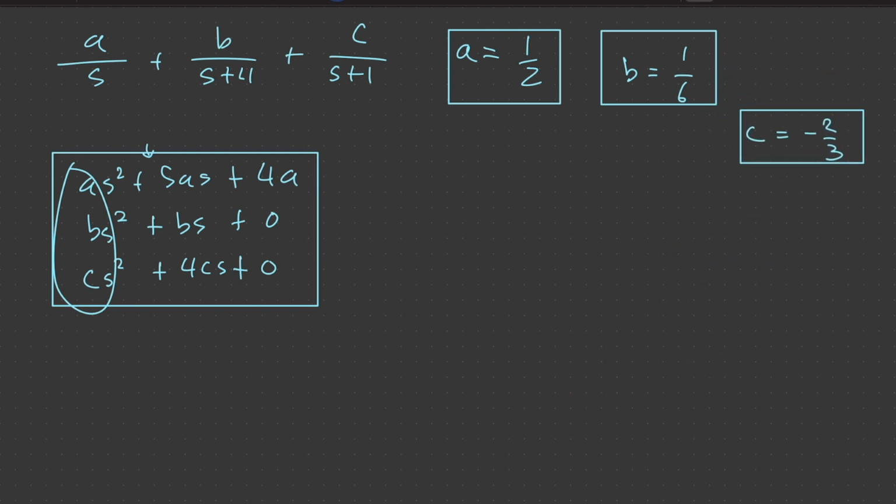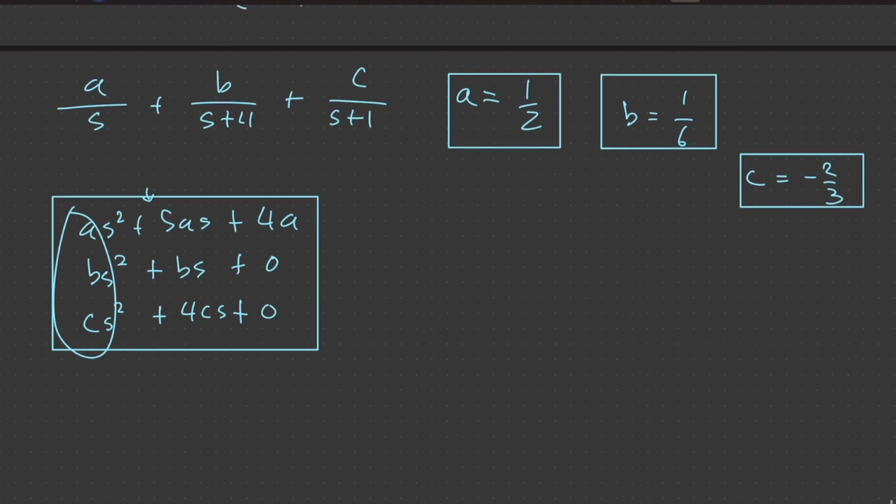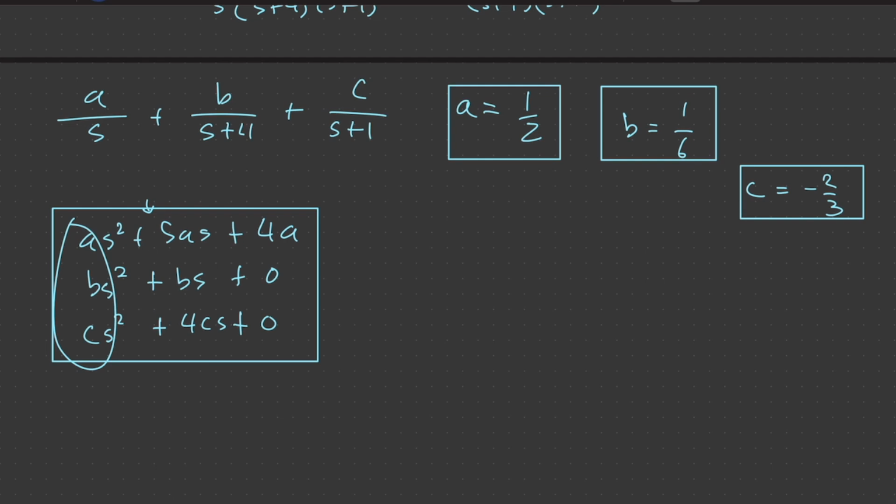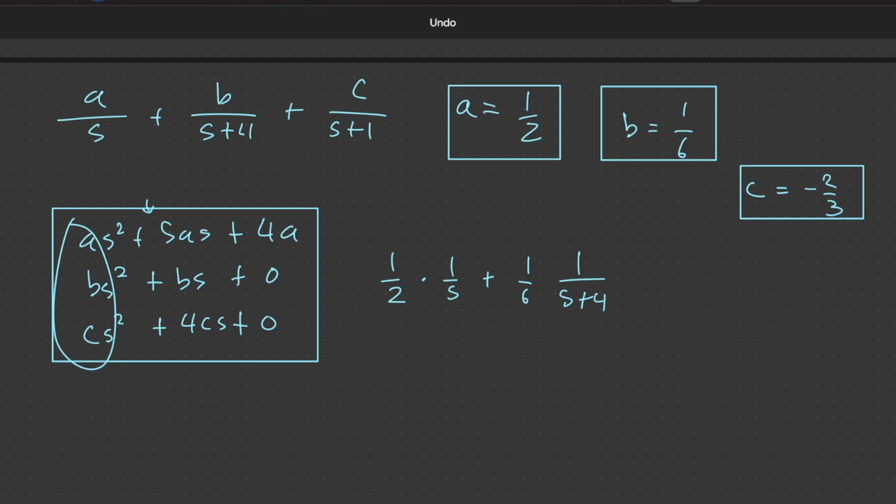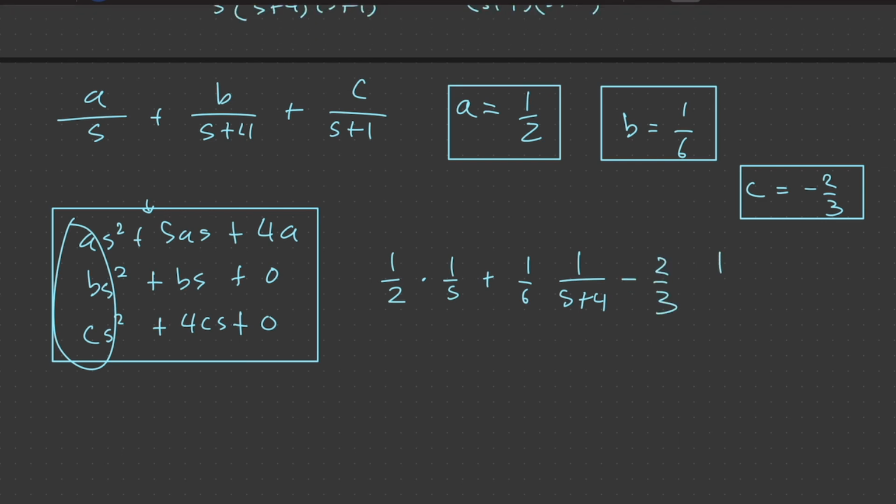And let's go ahead and do our Laplace inverse. Okay. So we're going to do 1/2 times 1/s plus 1/6 1/s plus 4, plus c is going to be negative 2/3 1/s plus 1. Okay.